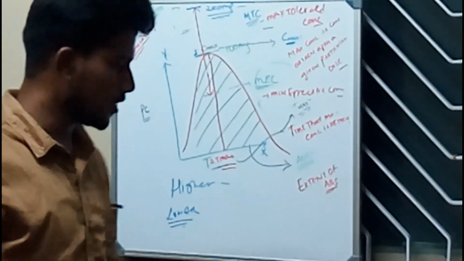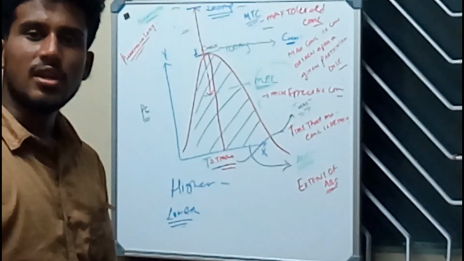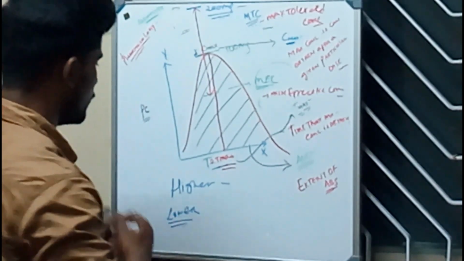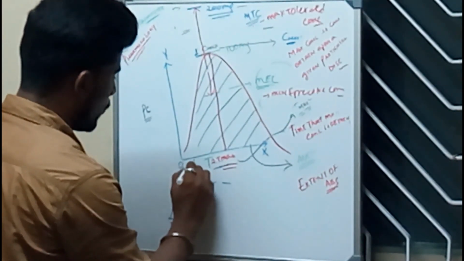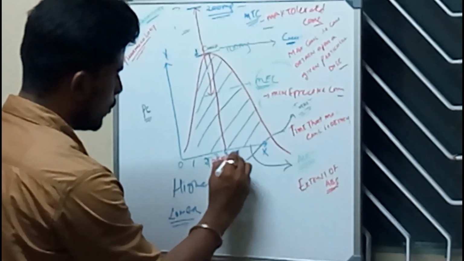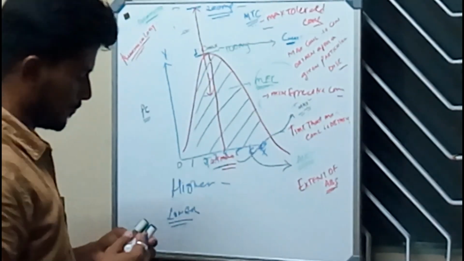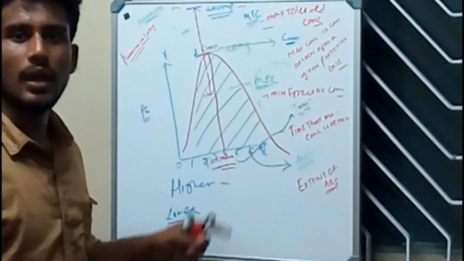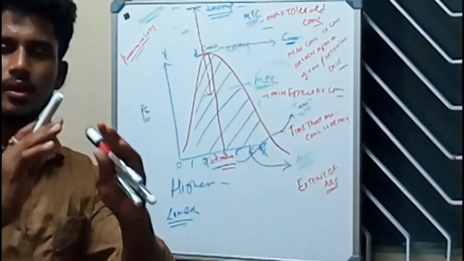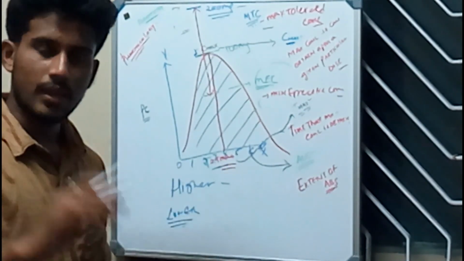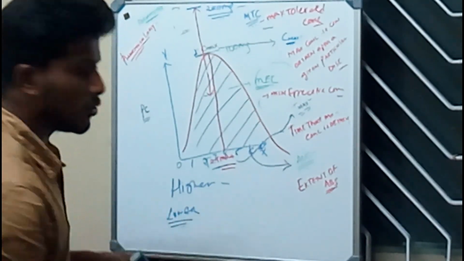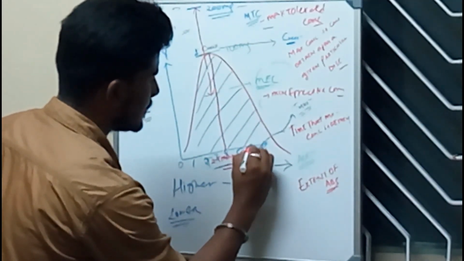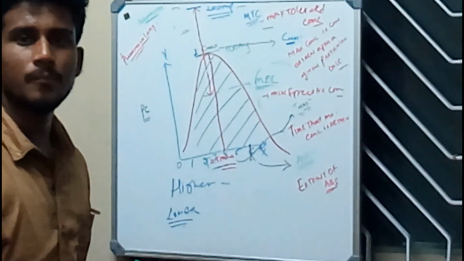Assume the axis is 0, 1, 2, 3, 4, 5, 6, 7. In this graph we have got the Tmax as 4. Make it a neutral point. For example, if the Tmax is higher, say it comes to the 6th point, what happened?